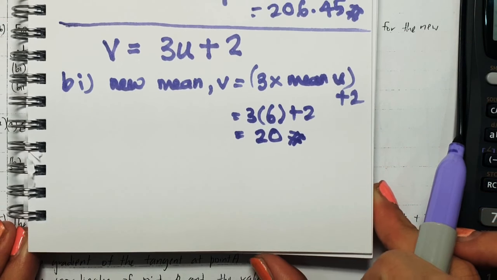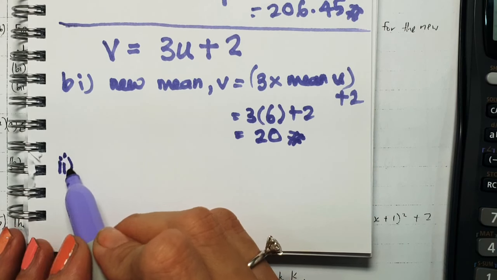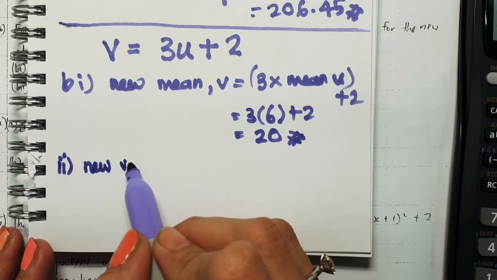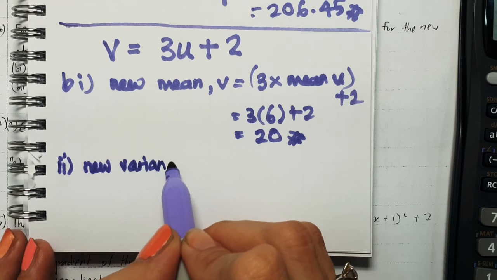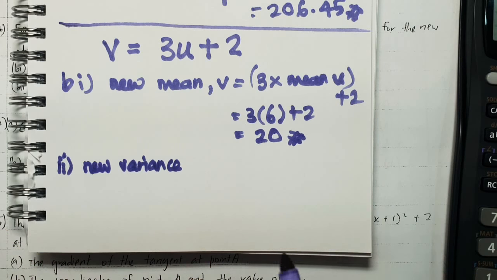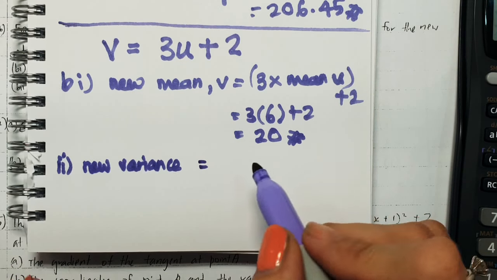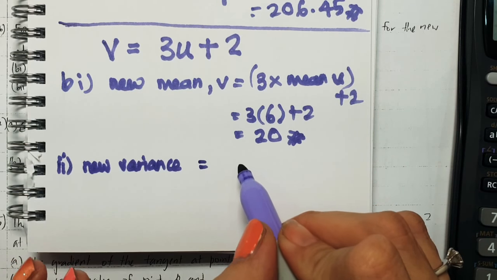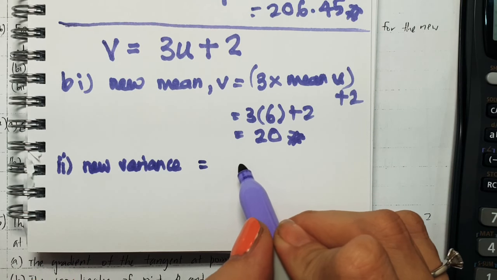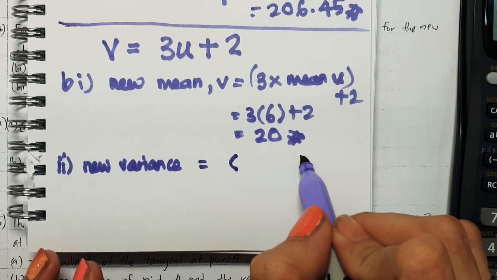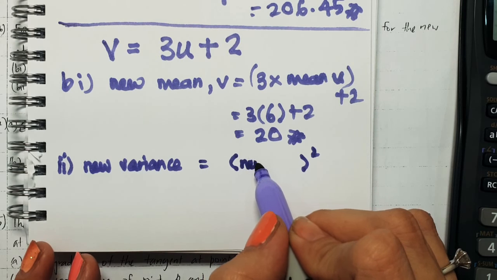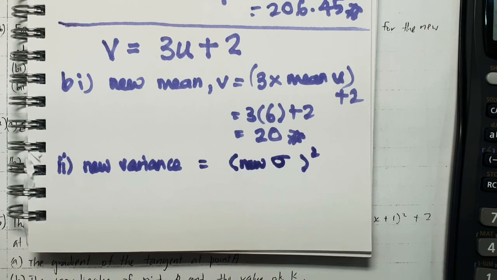Then what about the new variance? Variance is the square of the standard deviation. Therefore, we have to square the new standard deviation.